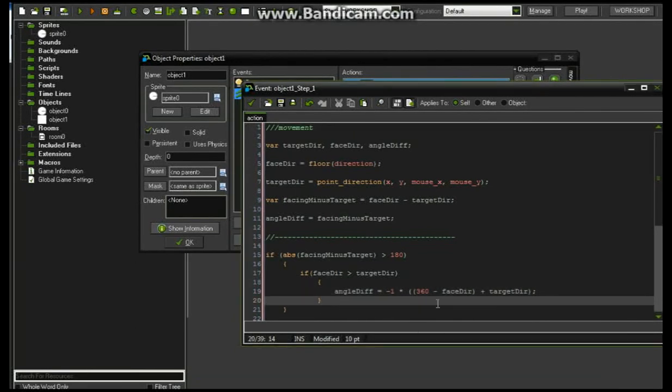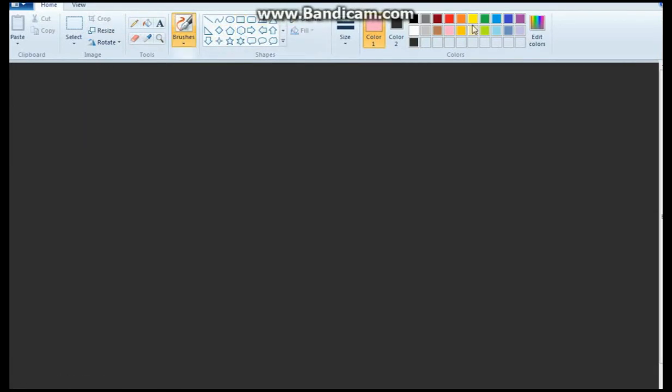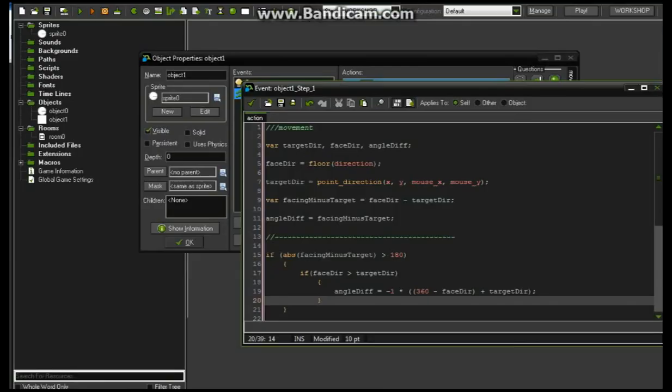Then we're going to say if the opposite happens, where we're facing this way and our target suddenly crosses down this way, then do the same thing but in reverse.